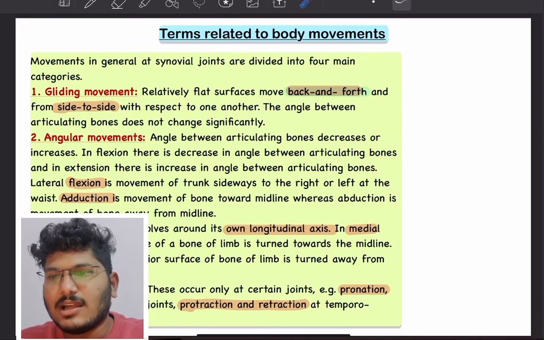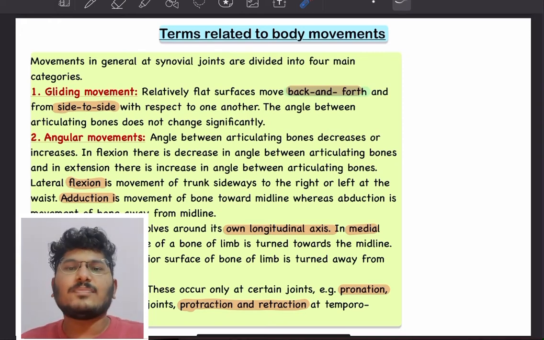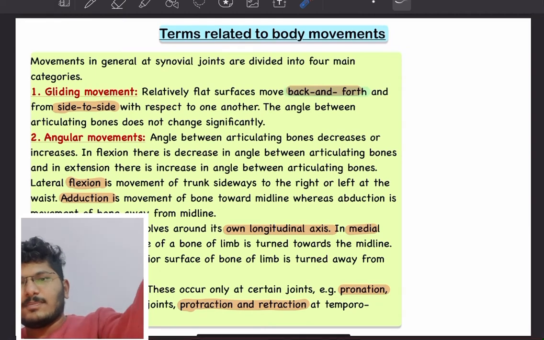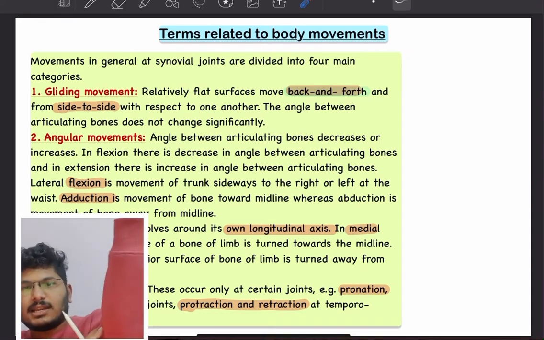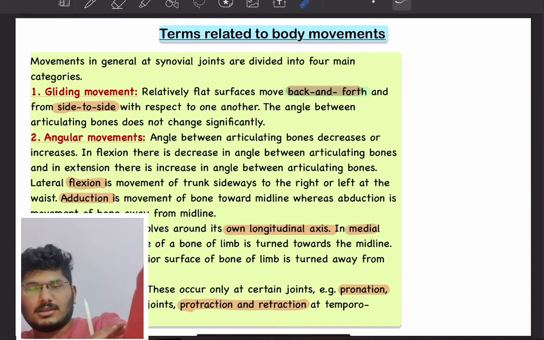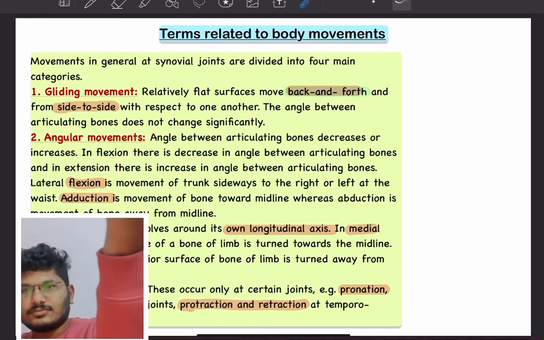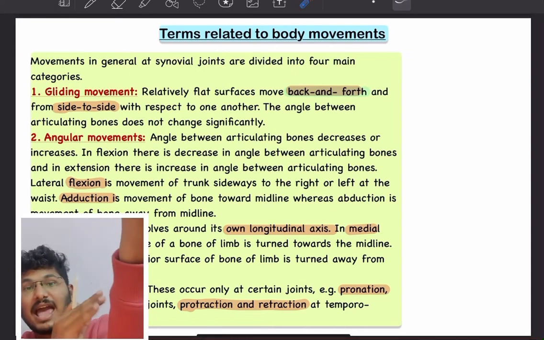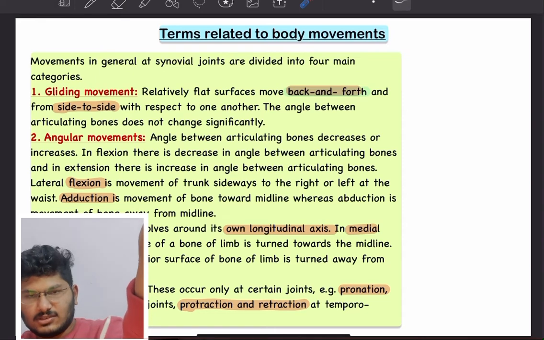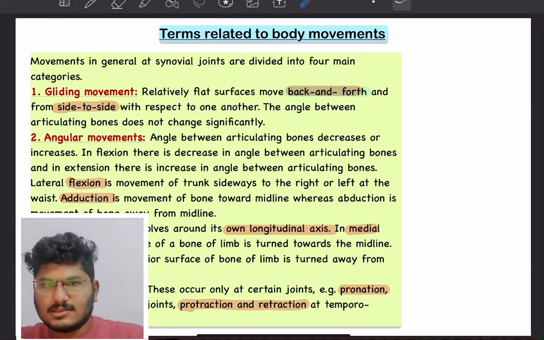The second one is angular movements. Angular movements are the movements in which the angle between the articulating surfaces, for example, these 2 are the articulating surfaces of this joint, will either increase or decrease.